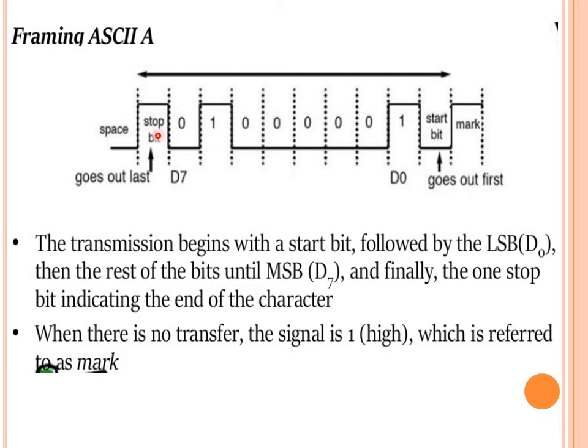Then next is the stop bit, which goes out last, then space. The transmission begins with a start bit followed by LSB D0, then the rest of the bits until MSB D7, and finally one stop bit which indicates the end of the character. When there is no transfer of data, the signal will be high, which is referred to as a mark.